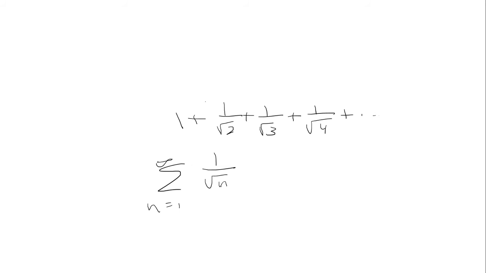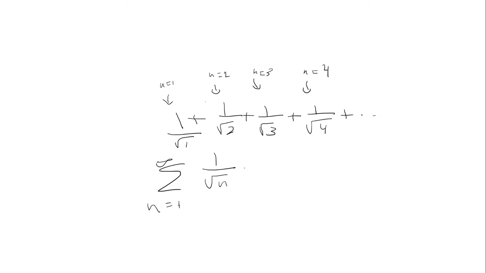If you're having a hard time figuring this out, you can pretend this is 1 over root 1. So this is when n is 1, this is when n is 2, n is 3, and n is 4. So hopefully that makes it obvious. That's how you get that.